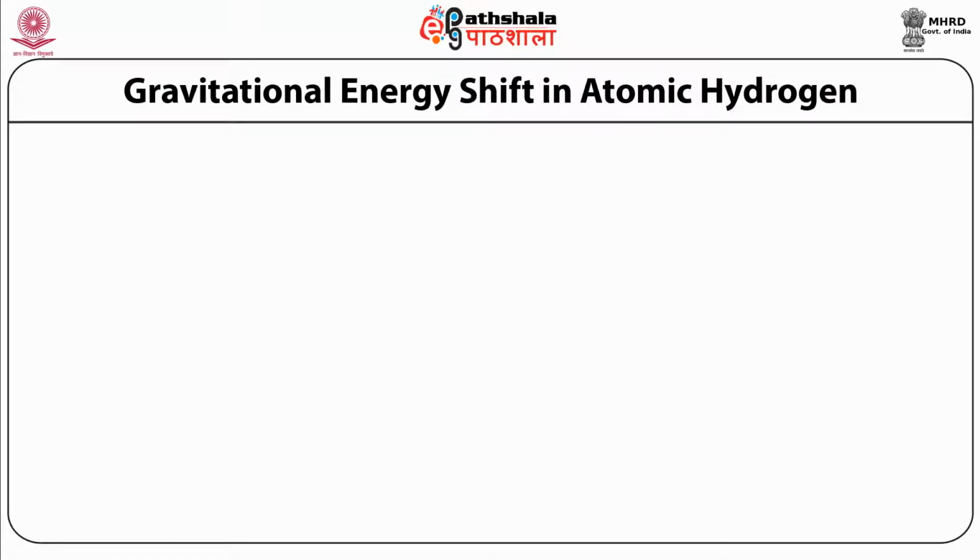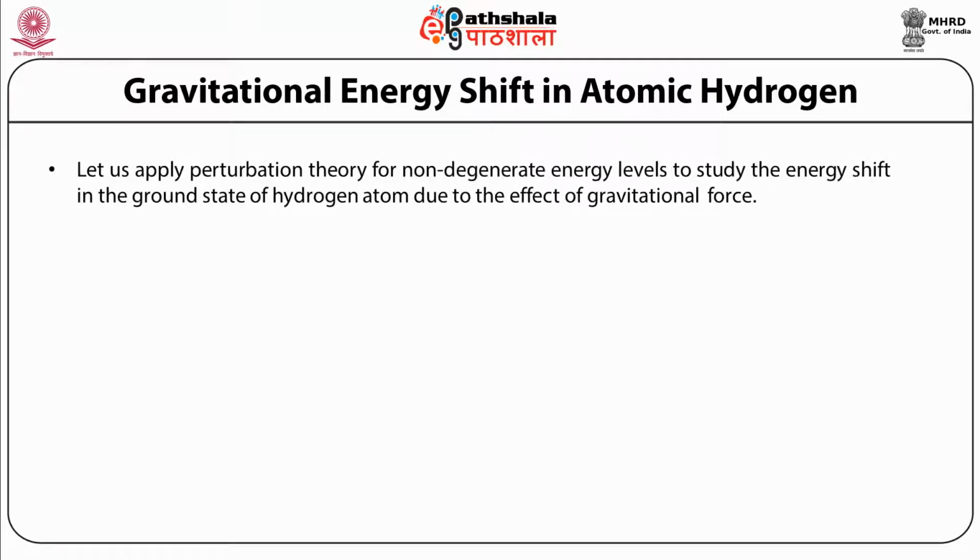Gravitational energy shift in atomic hydrogen. Now let us apply perturbation theory for non-degenerate energy levels to study the energy shift in the ground state of the hydrogen atom due to the effect of gravitational force.